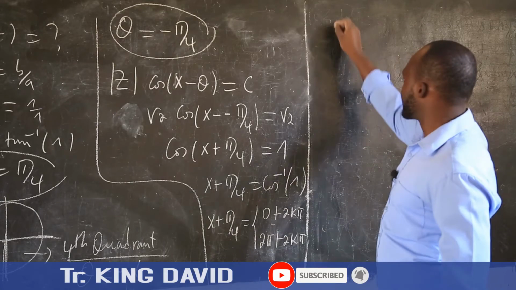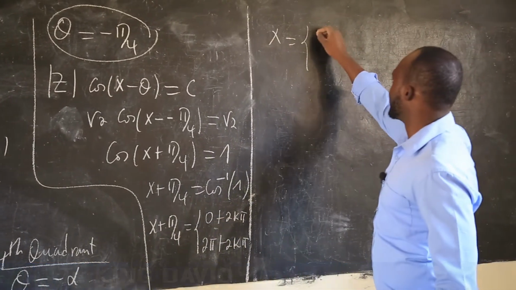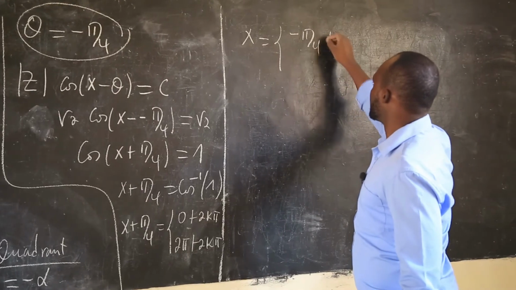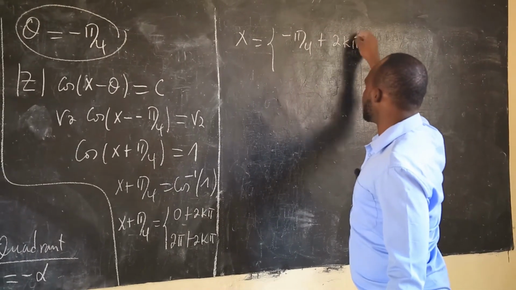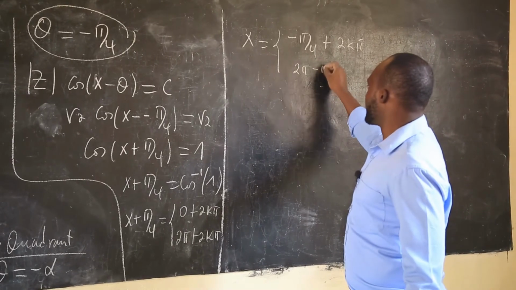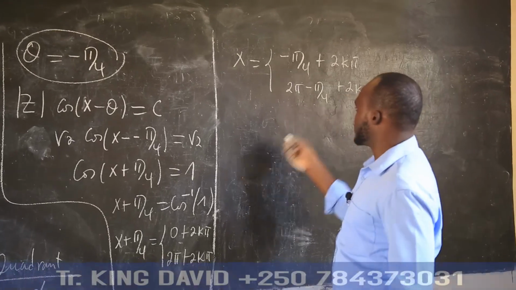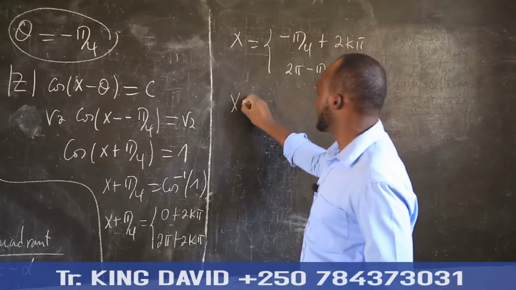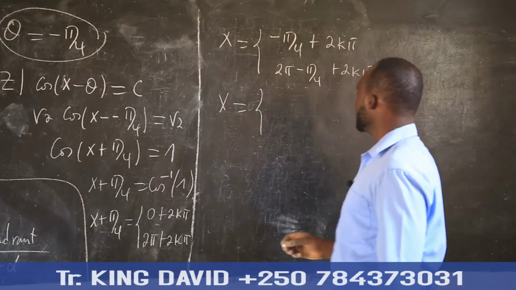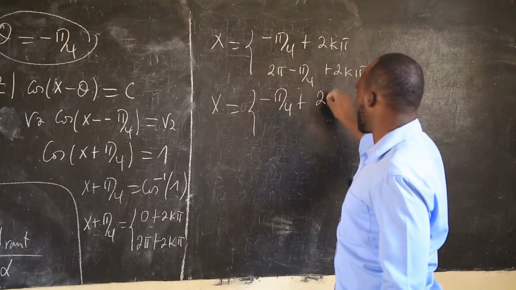Which means that x will be, when you bring this one here, negative pi over 4 plus 2k pi, or 2 pi minus pi over 4 plus 2k pi.